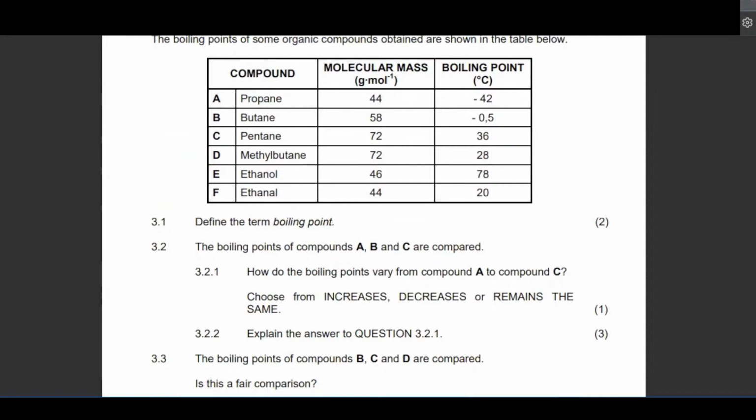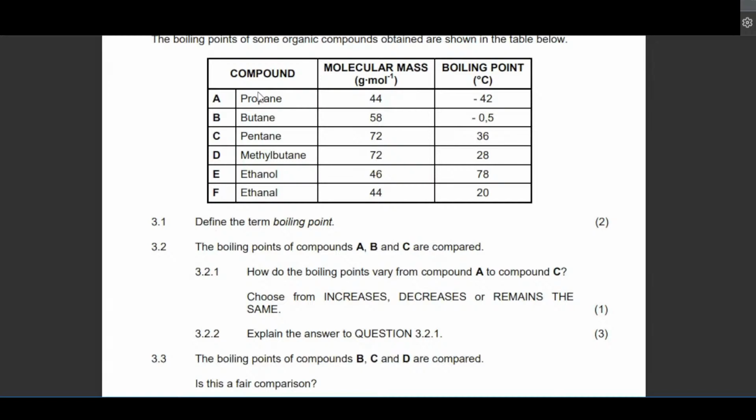The vapor pressure must be equal to the atmospheric pressure, and that's when the boiling point is reached. Then they're saying that the boiling points of compounds A, B, C are compared.